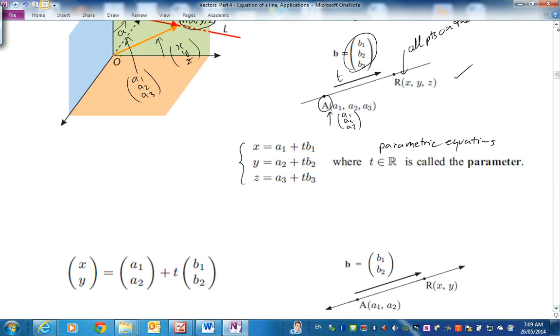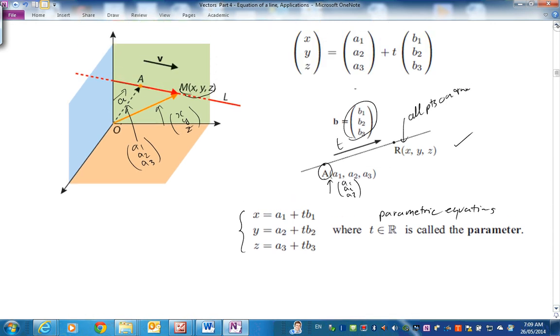Well, we have to go back up a bit again now. Sorry, I went too far. We're saying x will equal a1 plus t b1. We've done this before, and y will be a2 plus t lots of b2. z will be a3 plus t lots of b3. Okay, parametric equations.